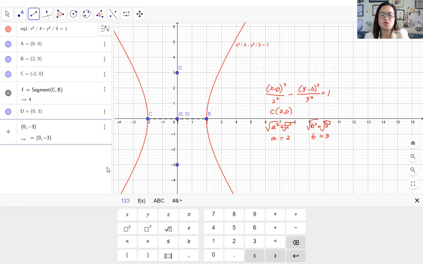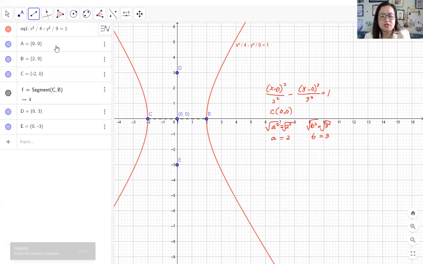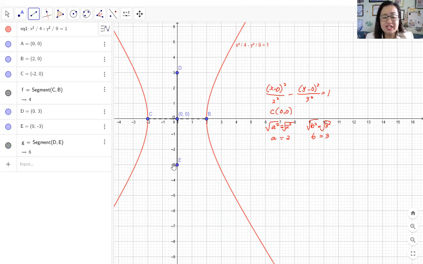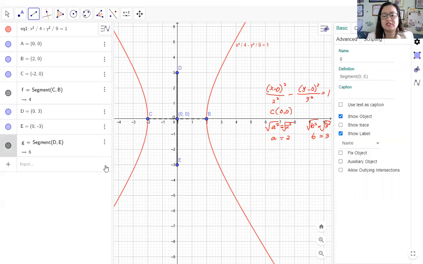These are the co-vertices of the given hyperbola. Connecting the 2 co-vertices, we form a segment that is 6 units long. That means the conjugate axis is 6 units long.